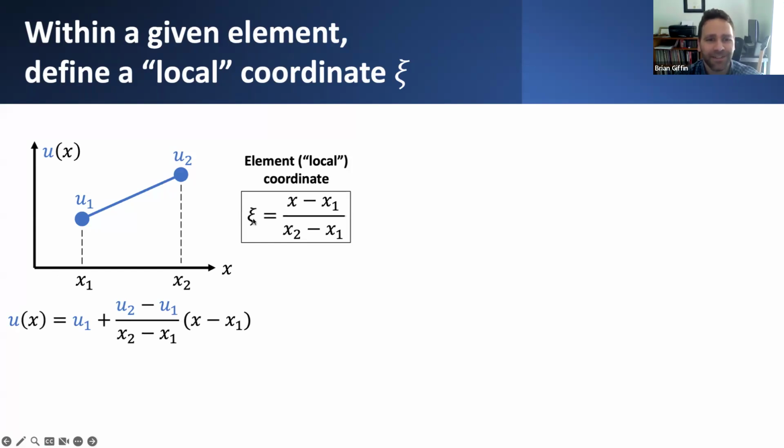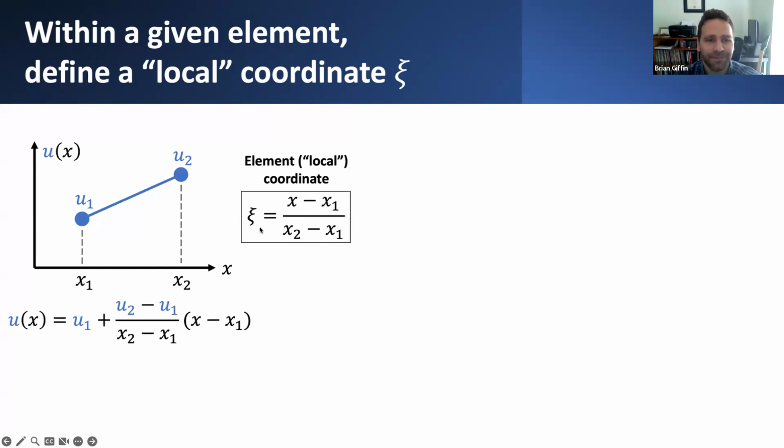We can define this local coordinate over a given element through this Greek symbol called xi. It's sort of like a calligraphic squiggly E. And really, that transformation ends up being rather simple. We can just shift our coordinate frame by x1 to get us down to 0, and then normalize, or divide by the length of this interval, so divide by x2 minus x1, to get the range to be defined from 0 to 1.